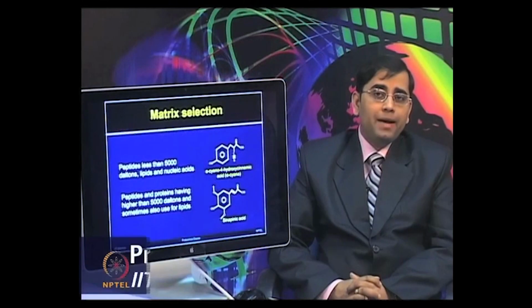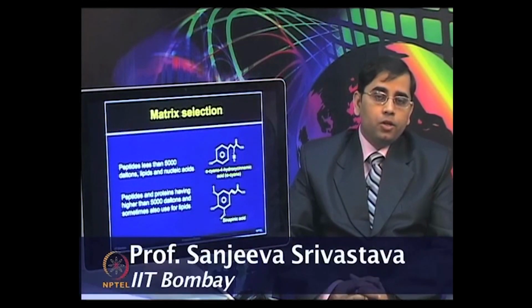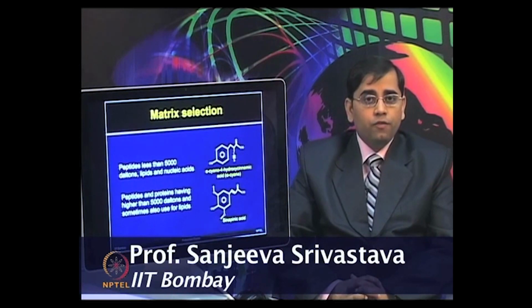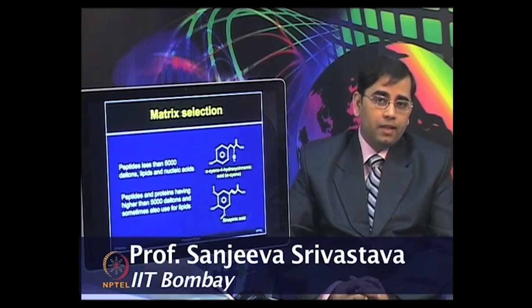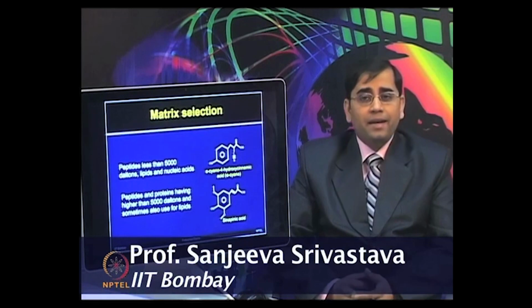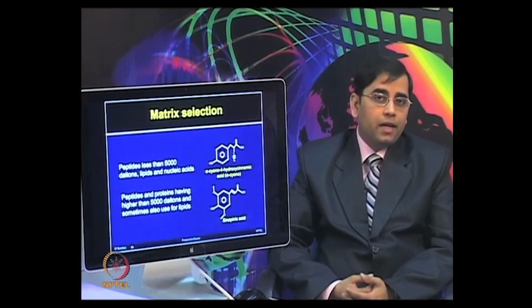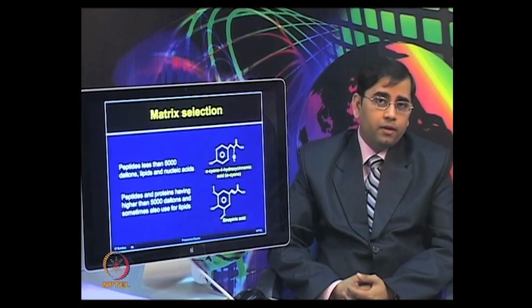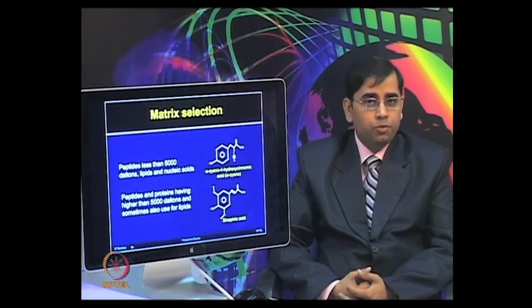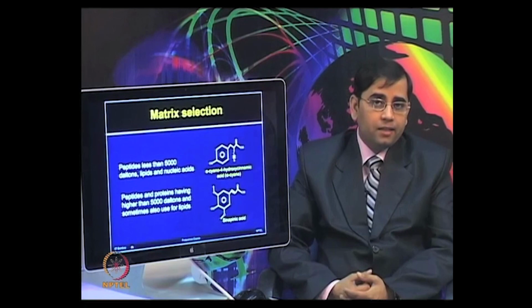Let us first talk about matrix selection. The important step in MALDI TOF analysis is selection of an appropriate matrix for the sample. The matrix selection mostly depends on the molecular weight of the target to be analyzed, and often the type of application which you intend to do by using these instruments.